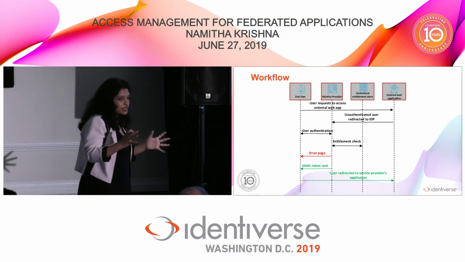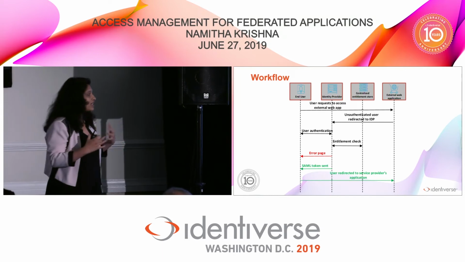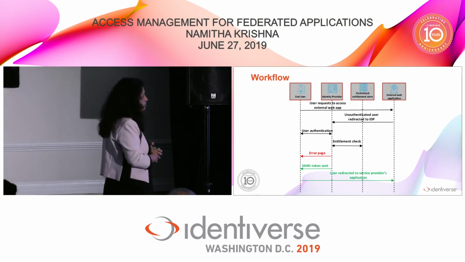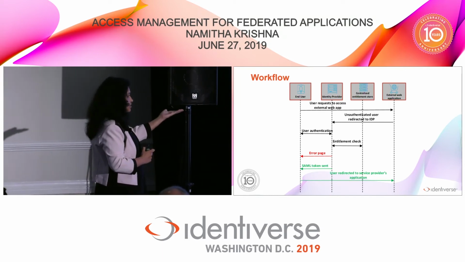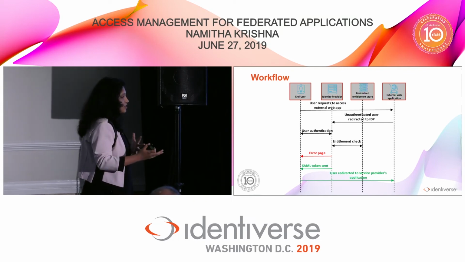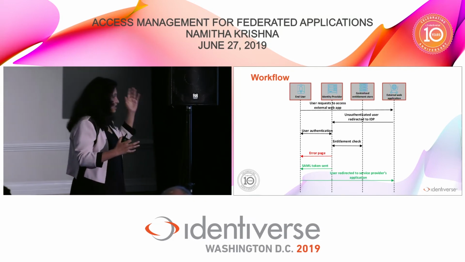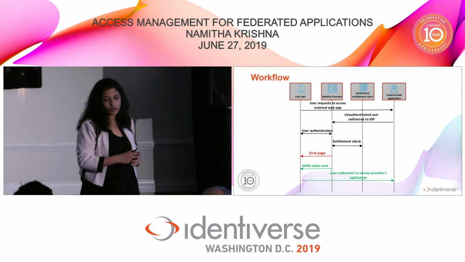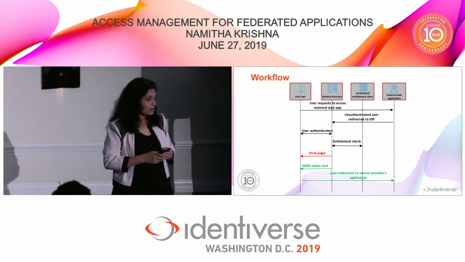So the user can make sense of what is happening, what exactly is causing the error that they're seeing. If the user is authorized to access the application, then a SAML assertion is generated, and the user is redirected to the service provider side with the SAML assertion.